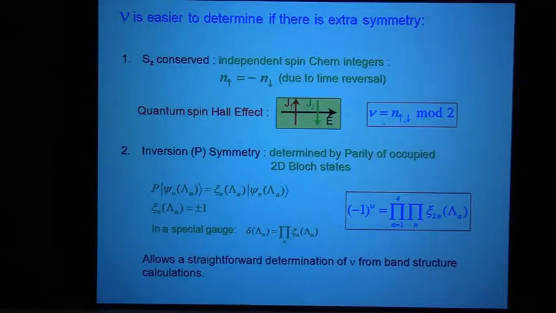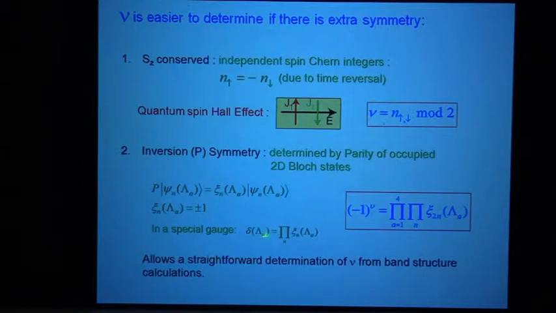Okay, I can have (0,0), (pi,pi), (0,pi), and (pi,0). Okay, and at all of those points, the eigenstates, if you have inversion symmetry, are going to be parity eigenstates. So they're either even or odd under parity. Okay, and so if you take all of those eigenvalues at all of the parity invariant points and you multiply them together, then you get something which is either plus or minus 1. And if it's minus 1, then it's guaranteed that you have a topological insulator, if you have an insulator.